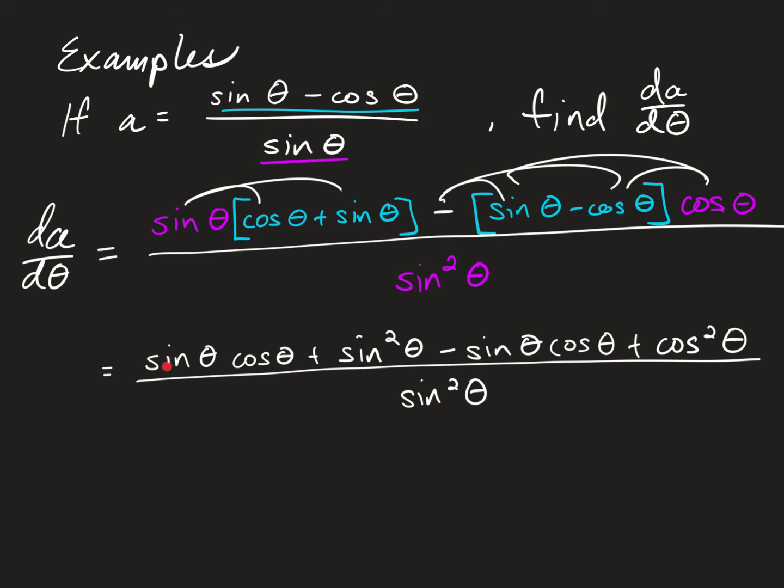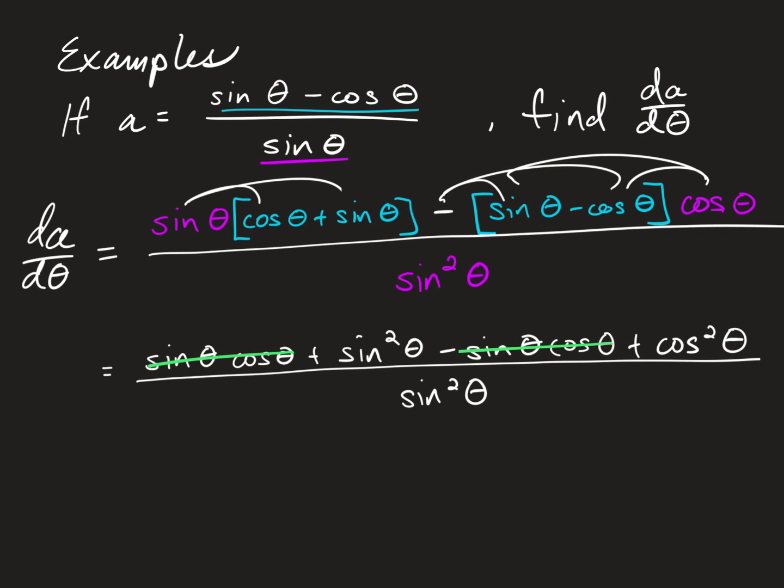So I see a term that has sine and cosine. I have another term that has sine and cosine. We have one of these, and we're taking away one of these, so they actually just reduce away. That's pretty nice. So long, so long. And so in the numerator, it looks like we're just left with sine squared plus cosine squared.